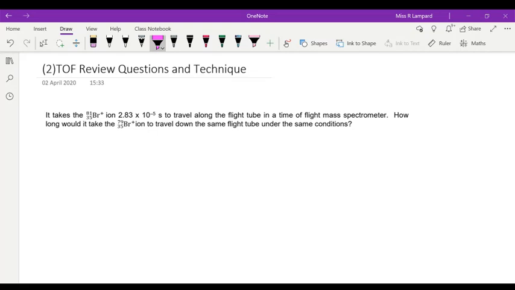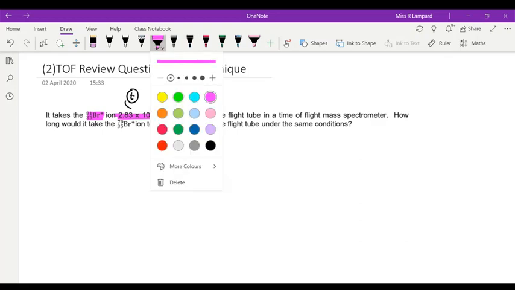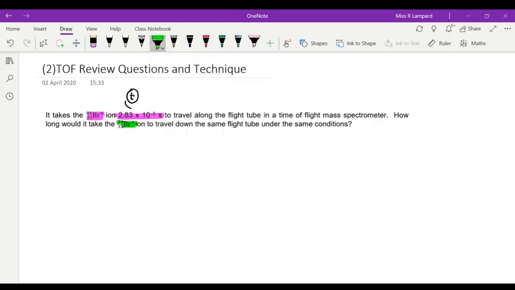So the question says, it takes the 81 bromine ion 2.83 times 10 to the minus 5 seconds. Okay, so I'm going to label that there as my time to travel along a flight tube in a mass spectrometer. How long would it take the 79 bromine ion to travel down the same flight tube under the same conditions?